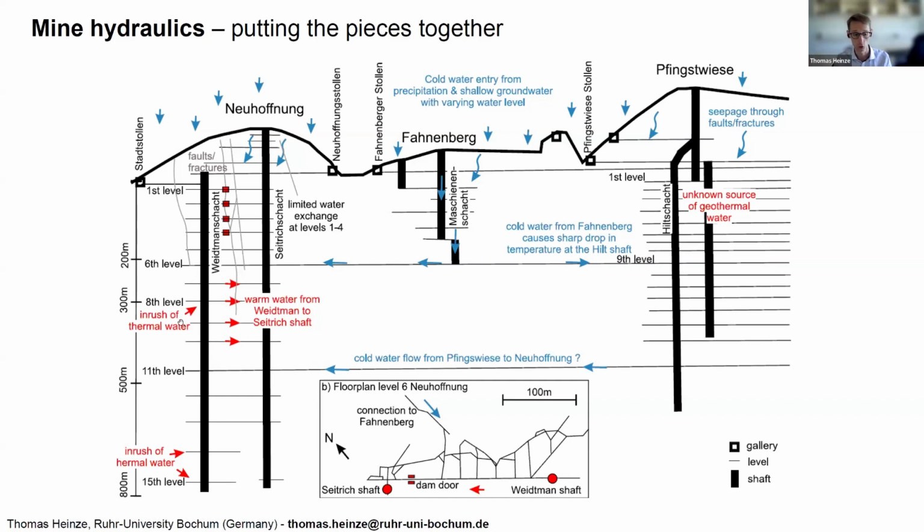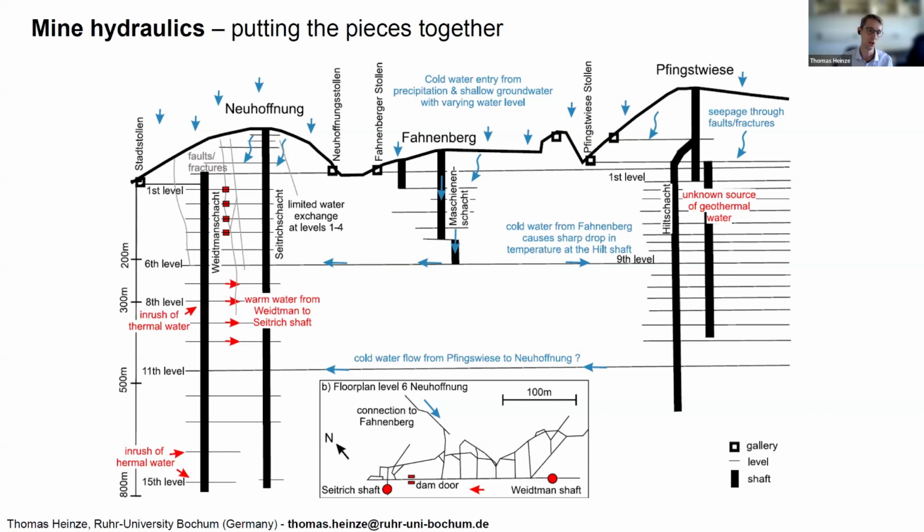We have historic documents of inrush of thermal waters at different levels, which we can also relate to our temperature depth profiles. We have potentially cold water inrush from other parts of the mine. So we can use these segmentations together with our mine mappings, or for example geological maps, to understand better and more quantitatively how the hydraulics in the mine actually work.